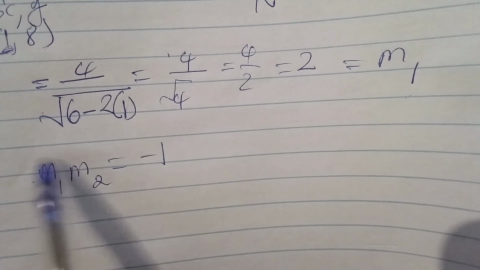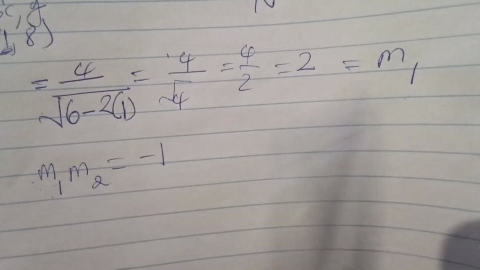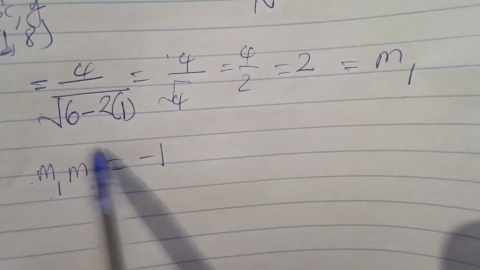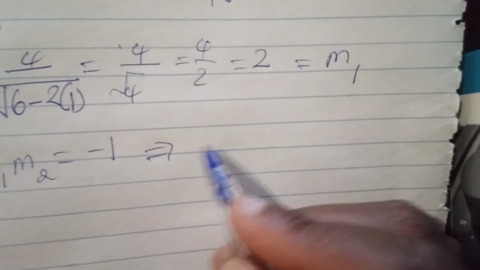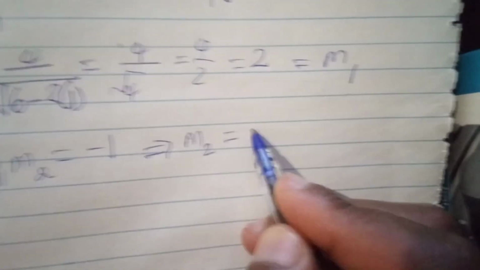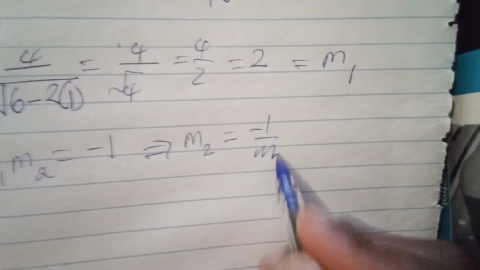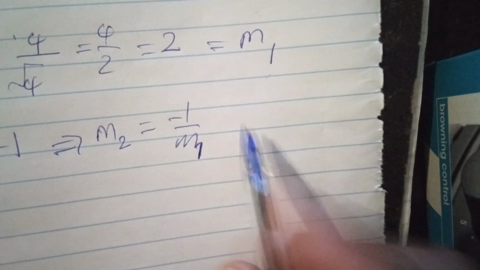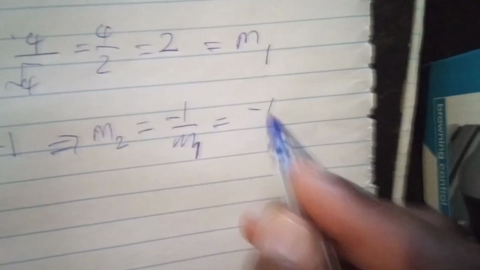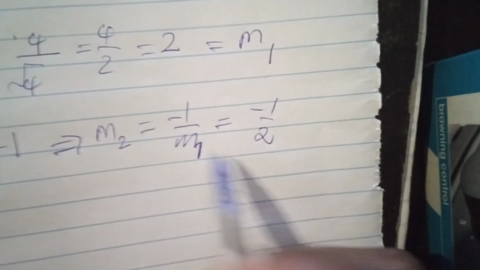In our case, we have M1, so we can solve for M2 using M1. We know that M1 is 2, so M2 is negative half.